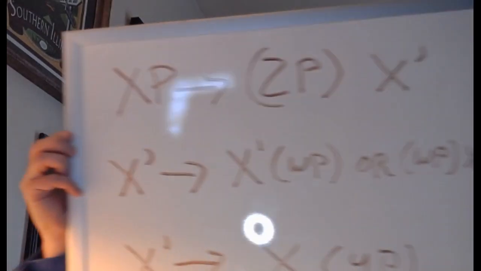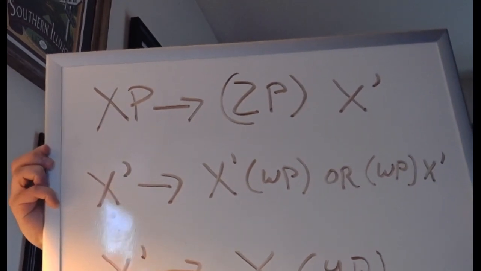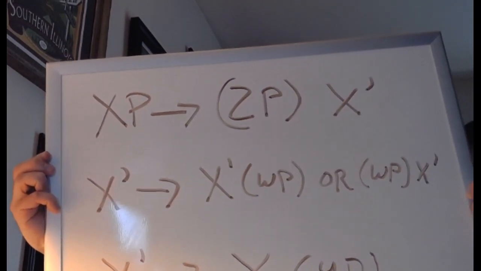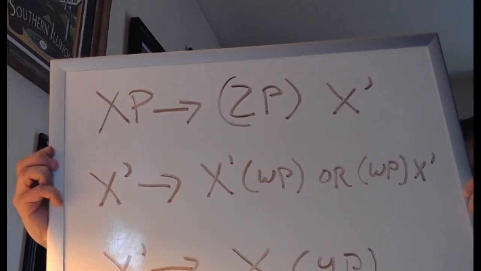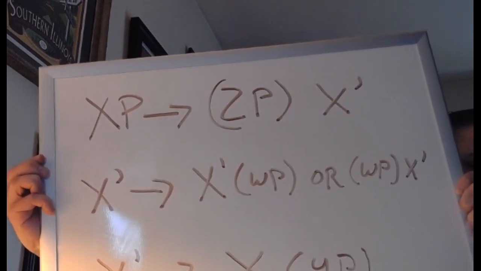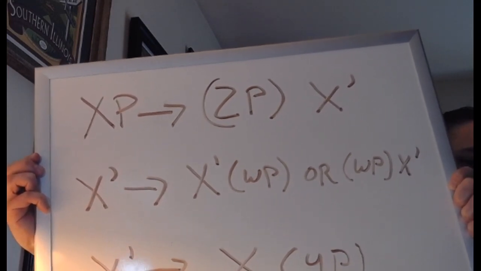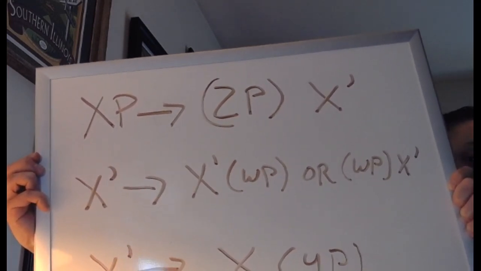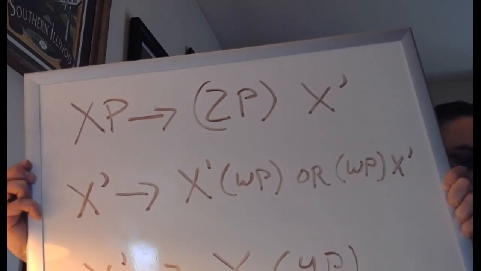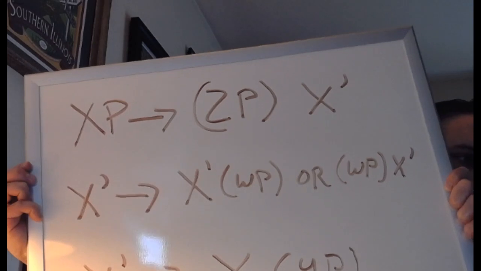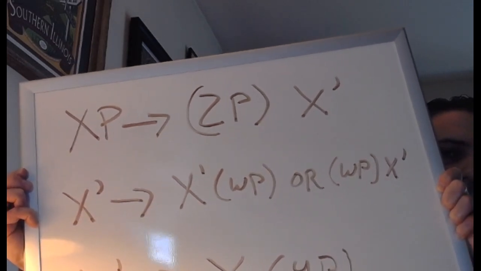Then we have our adjunct rule, and again, can you see these? Yeah, you can see these. In English, we utilize both variants of these rules, and these are our intermediate projections, and they say an X-bar goes to another X-bar followed by a phrase, and this is in our verb phrases where we can get our prepositional phrases, our adverbial phrases.